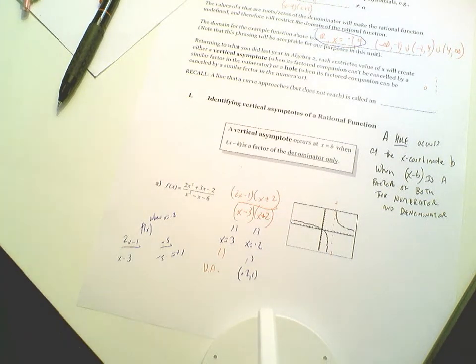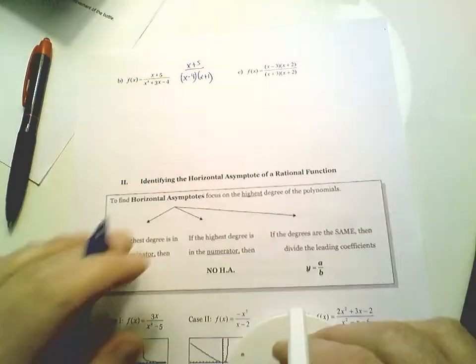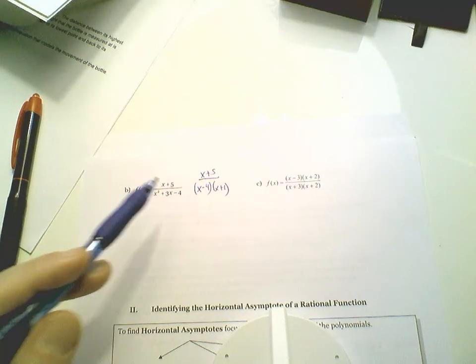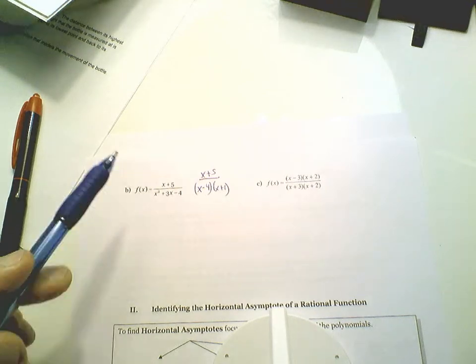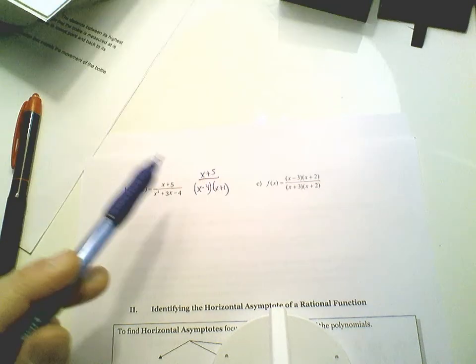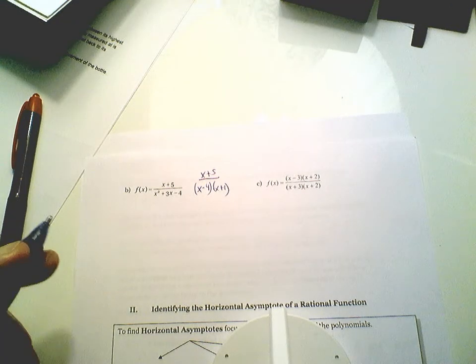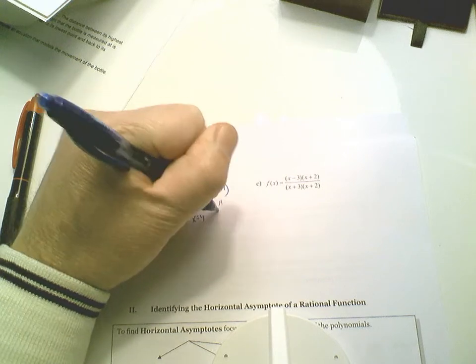And all you're really asked to do is identify your vertical asymptotes. X plus 5 over x squared plus 3x minus 4. Numerator, x plus 5, leave alone. Denominator factors into x minus 4 times x plus 1. What are you going to find? Well, at x equals 4 and at x equals negative 1, those are your two trouble spots.